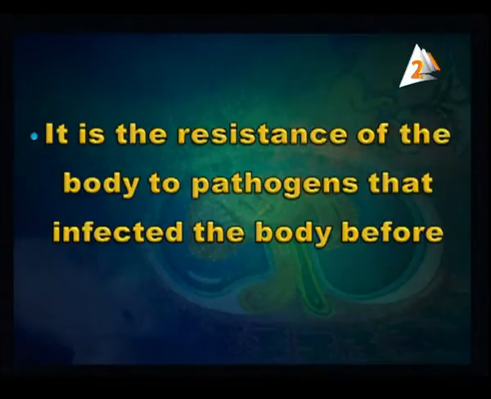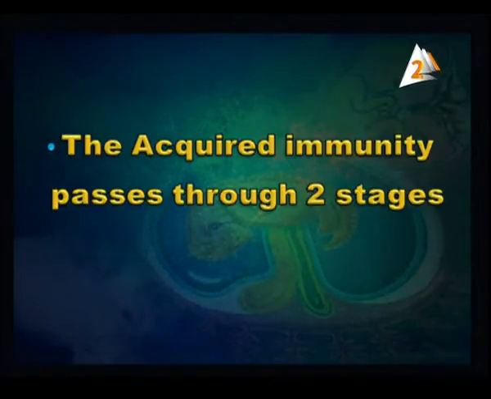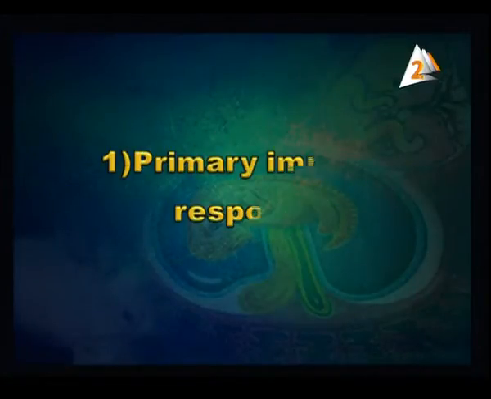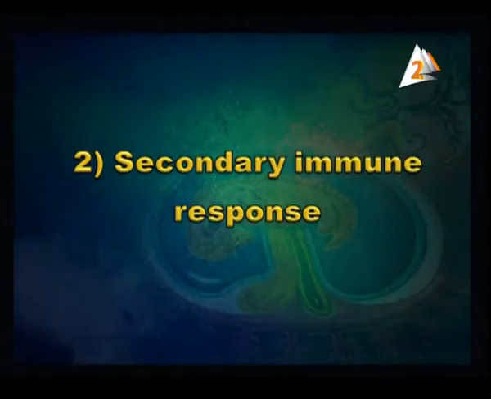So we added here a certain word, which is infected the body before. So the acquired immunity resists the pathogen which entered the body another time. This acquired immunity passes through 2 stages: the primary and secondary immune response.